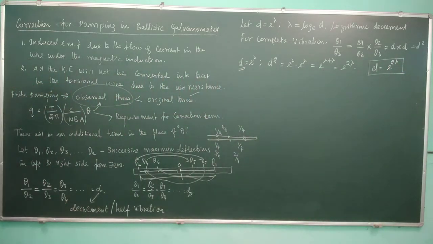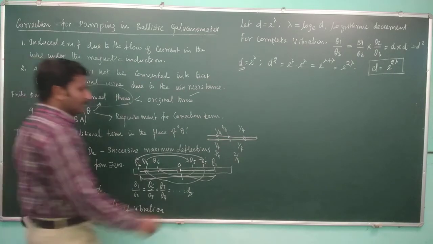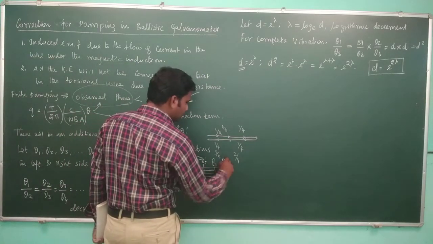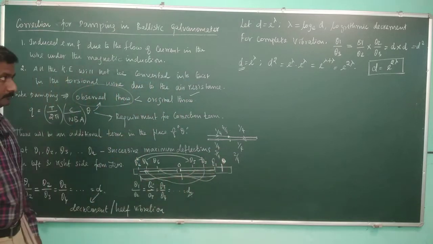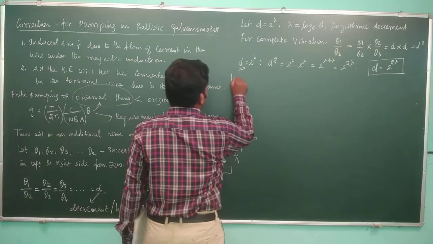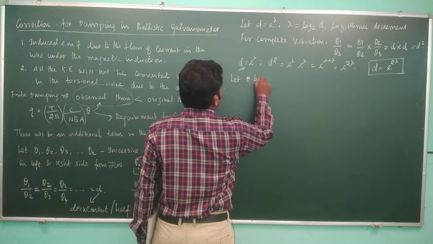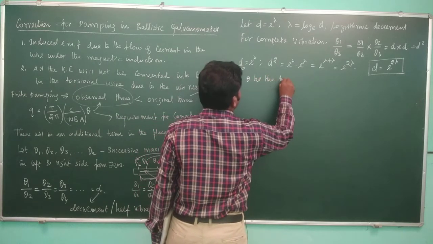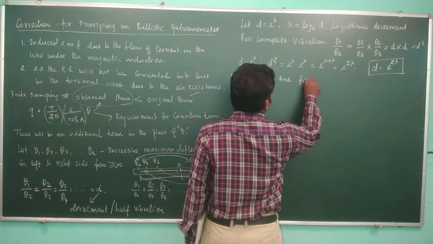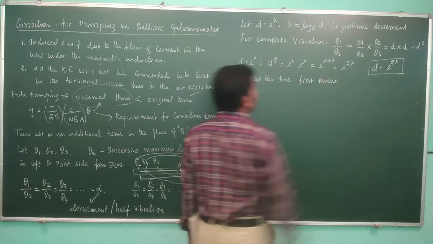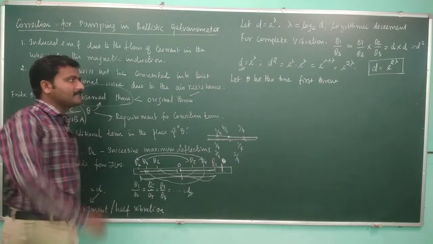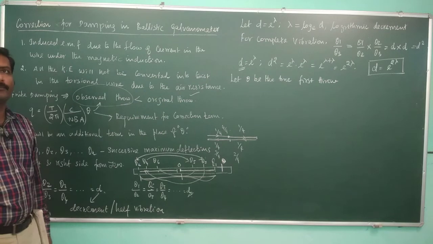Okay, but assume that there is a theta which is the true first throw. Let theta be the true first throw. What do we mean by the true first throw? That is the actual throw without damping.